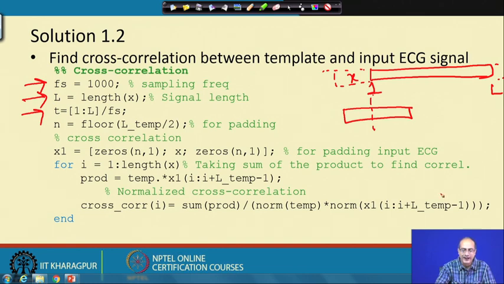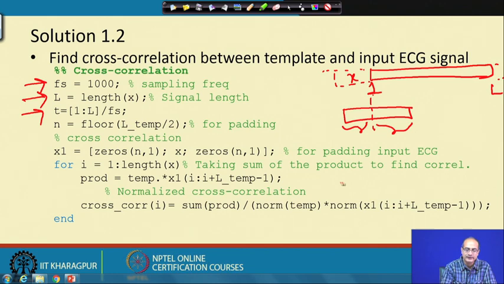So, we need to pad the signal x from both sides, and the padding should be almost half of the length of the template. That means the part that would be outside when we start at the beginning, or when we go to the end. How do we get that length?